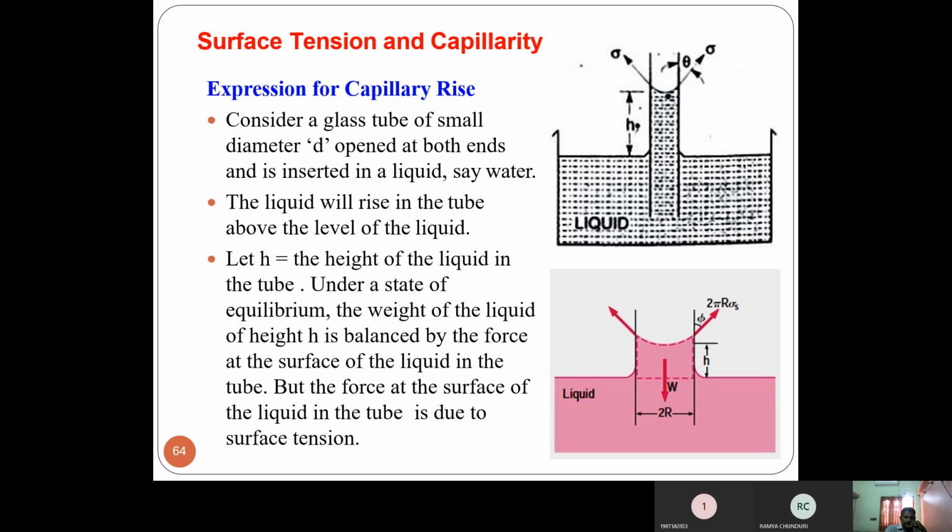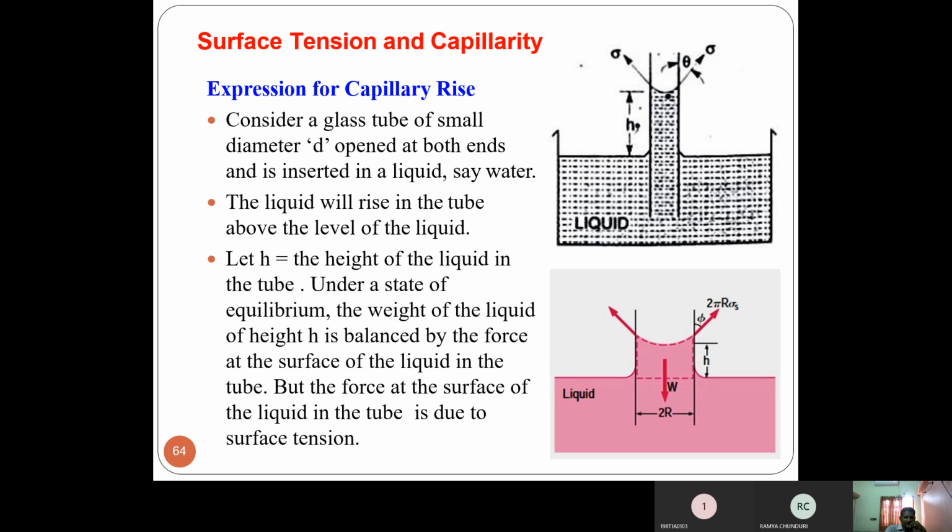Because atmospheric pressure acts on the water, it forms a curved, concave structure. Along this surface, surface tension will act. If you observe, there is a line of action of surface tension and the surface of the tube, and we get a small angle theta.